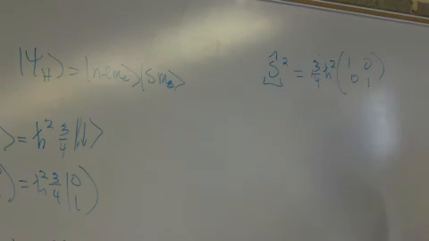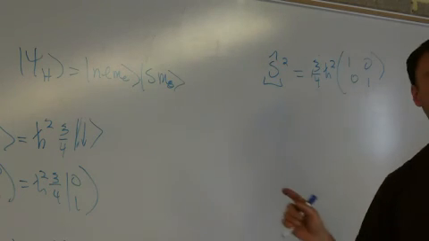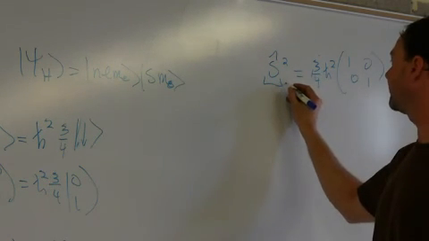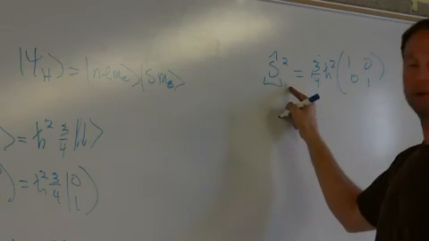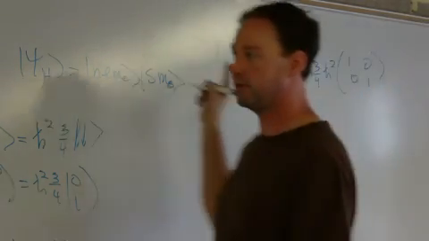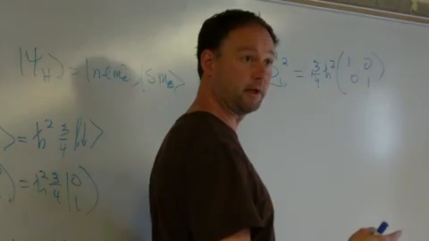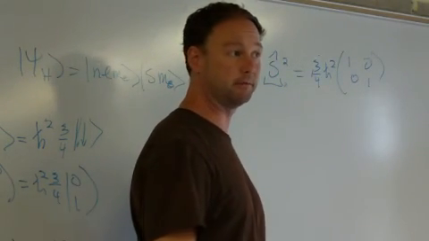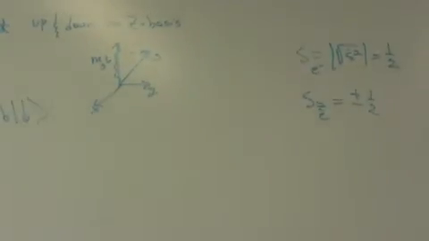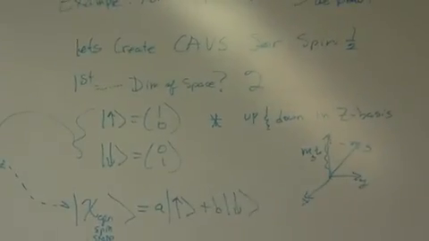I put a subscript here, in a z basis, because I built this in the basis of up and down in the z direction. Someone else could have chosen the x direction or the y direction and built it in a completely different basis. But this is what it looks like in our z basis.